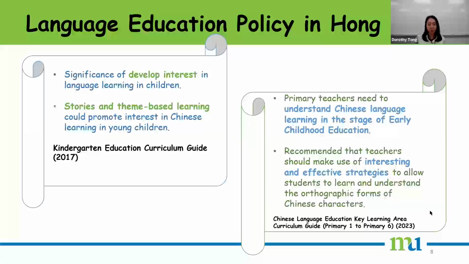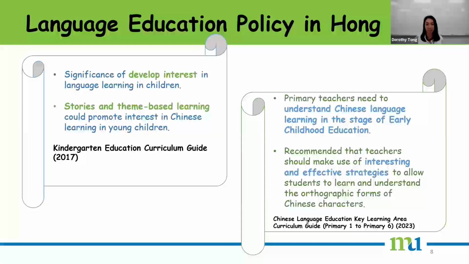And then we also try to look at the curriculum guide for primary Chinese learning. And it's written that the primary teachers should understand Chinese language learning in the stage of early childhood education. Because now we are trying to pay more attention to the transition between kindergarten education and primary education.